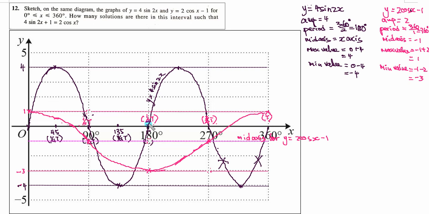Then at 1/4 T it crosses the mid-axis, and at 3/4 T it crosses the mid-axis. Okay, remember all the key points. And then when T equal to 0 it is at the maximum value.